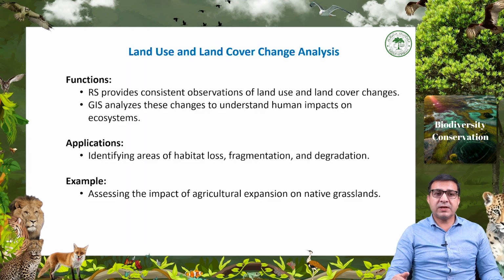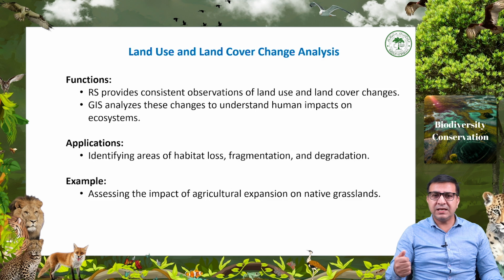Another application of RS and GIS is land use and land cover change analysis. RS actually provides constant data on land use change such as agriculture expansion, urban sprawl and infrastructure development, which directly affects ecosystems and biodiversity. Whereas GIS analyzes these changes to understand their impacts on ecosystems, species and habitat connectivity.